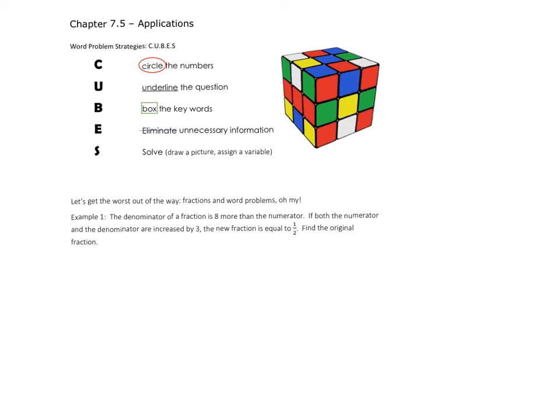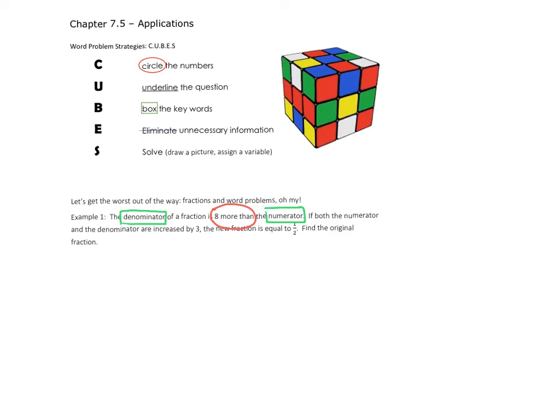So the first sentence says, the denominator of the fraction is 8 more than the numerator. So my CUBES says to circle the numbers. 8 more than. Now I'm thinking some key information is going to be the denominator and the numerator.